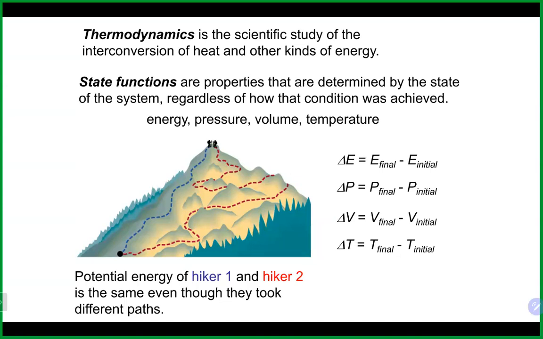But really, spontaneity in thermodynamics doesn't deal with how fast or slow a reaction takes place. That's actually the area of study which is kinetics, and kinetics deals with how fast or slow a reaction takes place. But thermodynamics deals with whether or not a reaction is spontaneous or not.